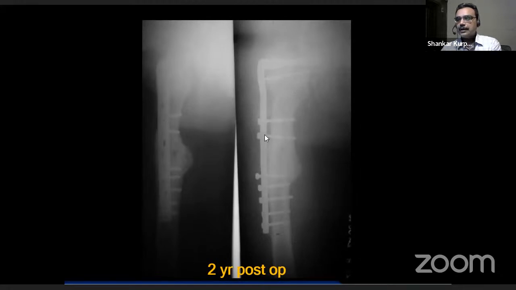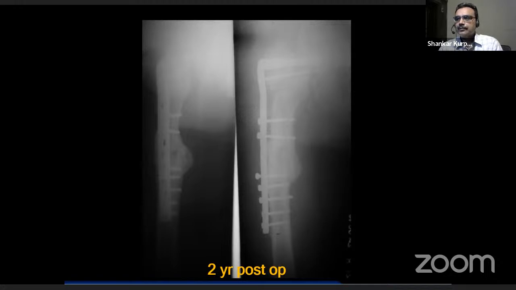Now, I don't have an explanation as to why these screws came loose. Dr. Kumar has got quite a lot of experience with locked screws on the shaft side of DHS and DCS, isn't it, sir? My experience has never been great with using locked screws on the shaft side of a DHS or a DCS.